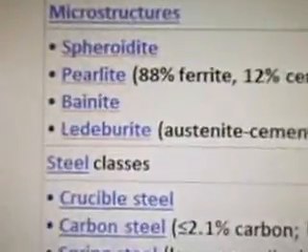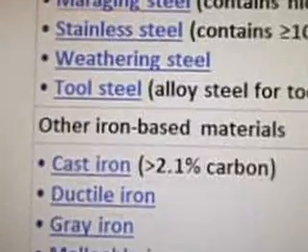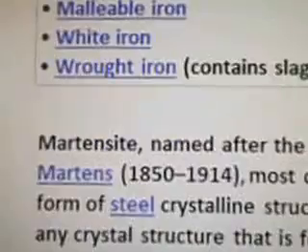Okay, I'm not going to read all these because you can just look at them there, okay? Talks about the different alloys and steels that come up with this, okay?